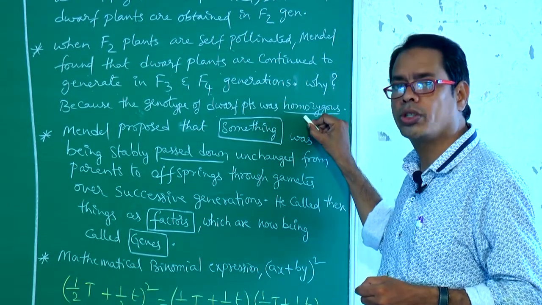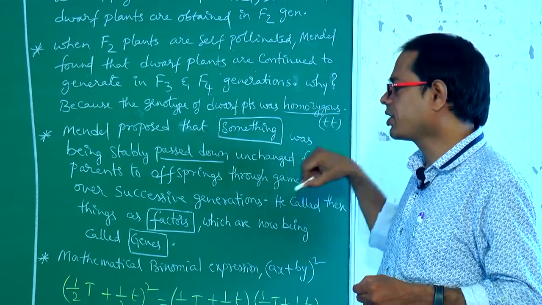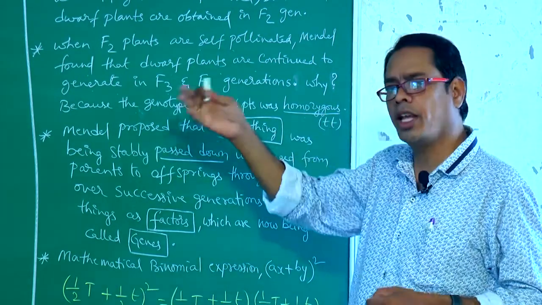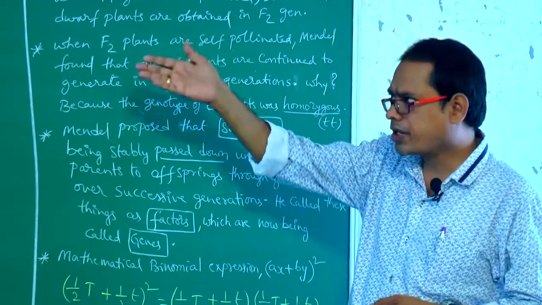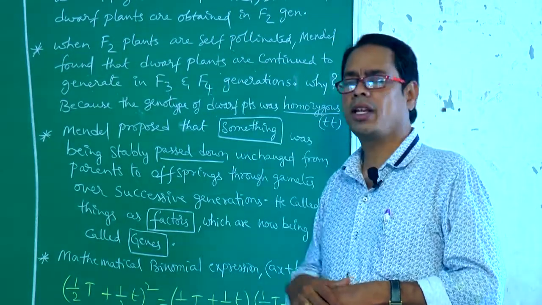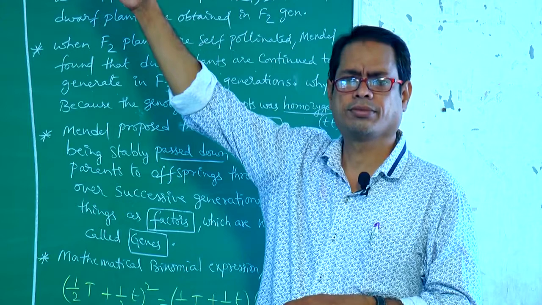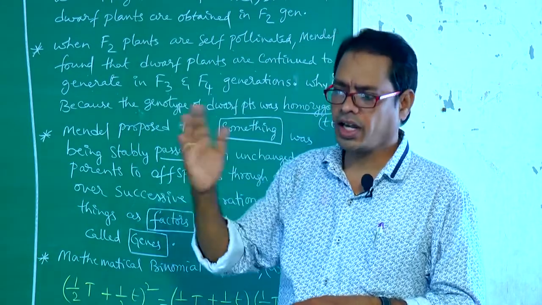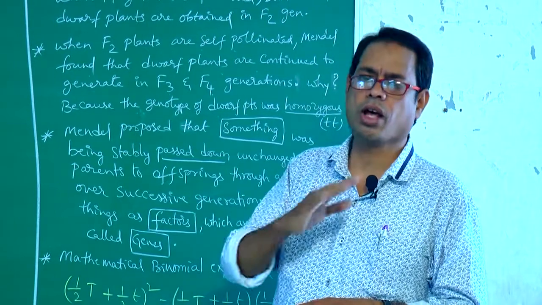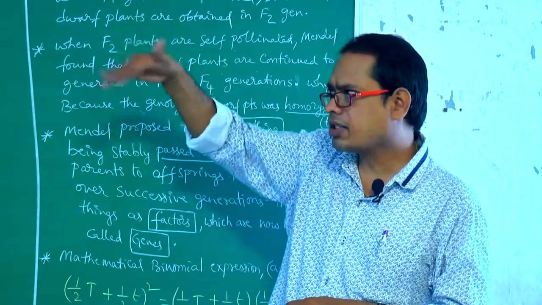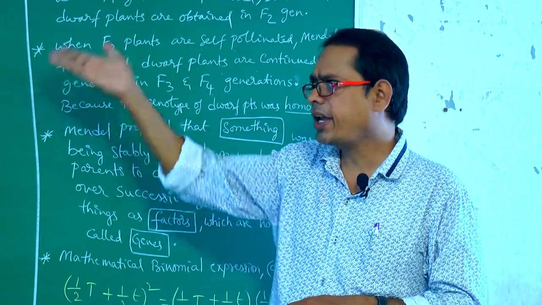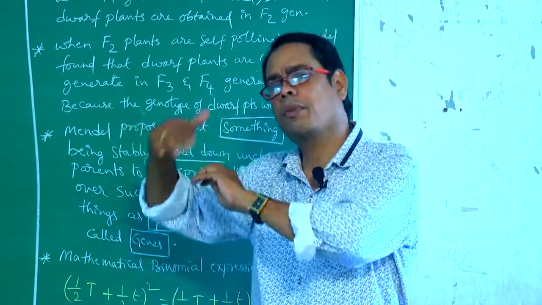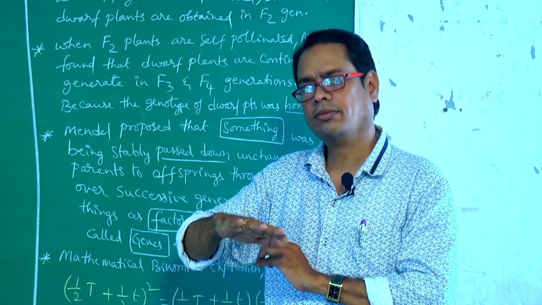They show homozygosity nature. Next, Mendel proposed that something was being stably transferred from parents to offspring. Parent means dwarf character, and F2 dwarf, F3 dwarf, F4 dwarf. Some characters are transferred from parents to offspring.